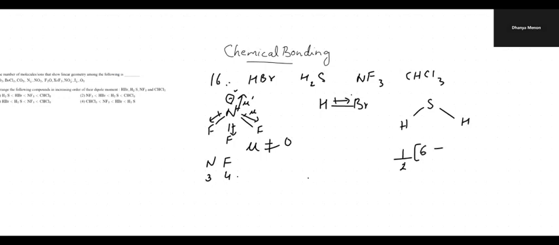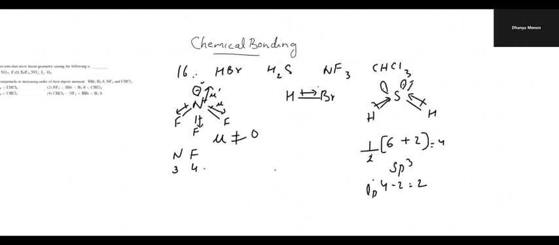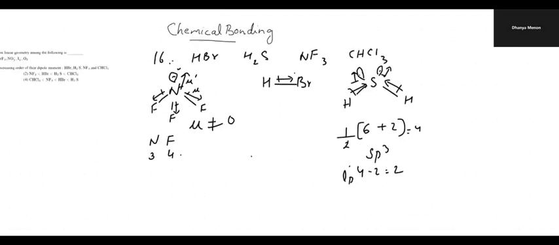This is sp3 hybridized, and Z value is 4. So 4 minus 2 is equal to 2 lone pairs. So this is a bent shape like this. And the dipoles are getting added up, and there are also dipoles towards the lone pair of electrons. So the dipoles add up, so it is polar.